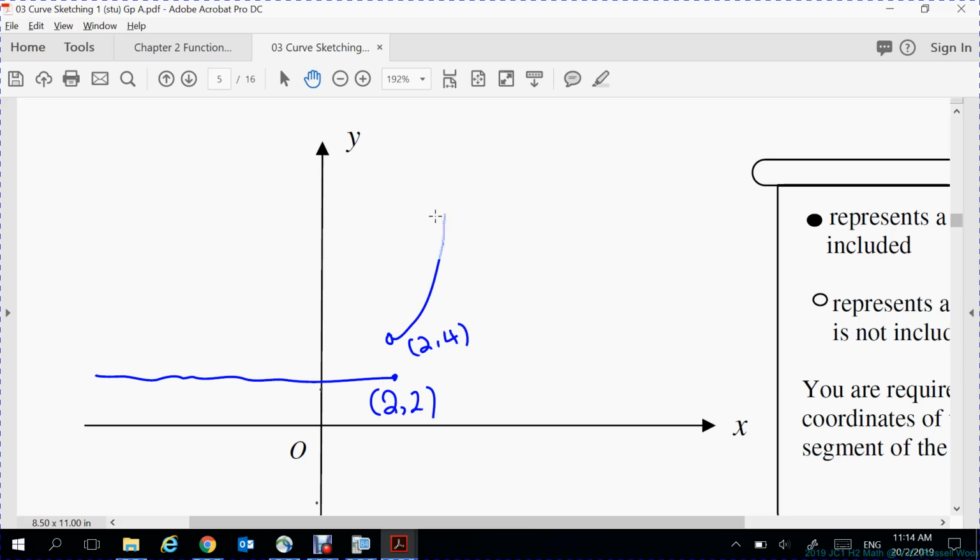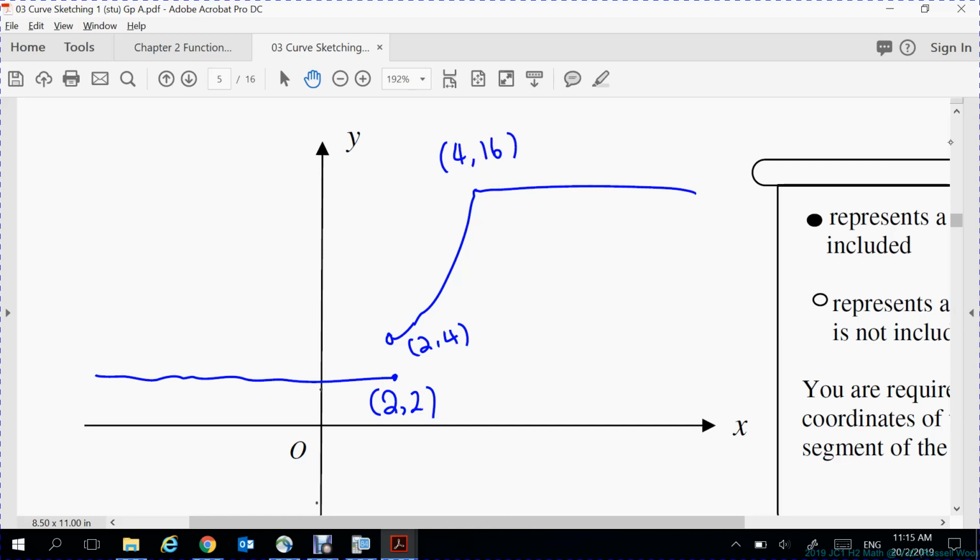Maybe I draw a bit nicer, let's be a bit more proportional. This has to be a curve from 2 to 4 that goes upwards like that. Then finally, when x is greater than 4, you have a straight line like that. And this is 4, 60.